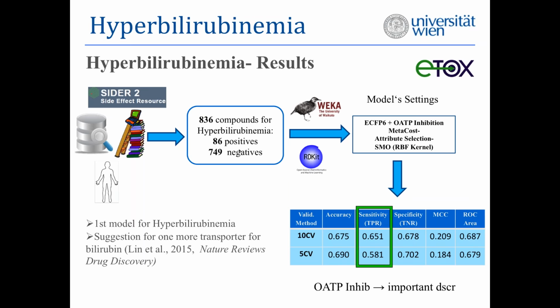So we mix the machine learning approach with the mechanistic approach by including predicted transporter interaction values as descriptors. And finally, when you also do a classification model here using RDKit for the descriptors, you see we get sort of a signal, not very strong, but basically we can maybe predict hyperbilirubinemia, and what's also important, OATP inhibition basically matters. So this stays as an important descriptor in our data matrix.